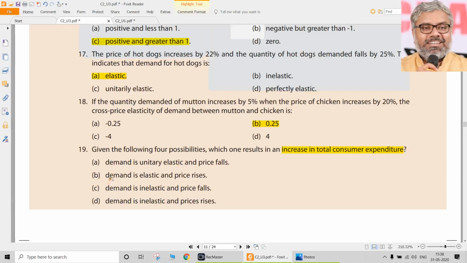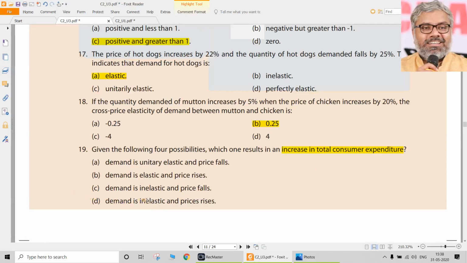B, demand is elastic and price rises. For any elastic product, the relationship between the price and consumer expenditure is inverse. So when the price rises, total consumer expenditure decreases. So an increase is not going to happen here, and B is also not a correct option.